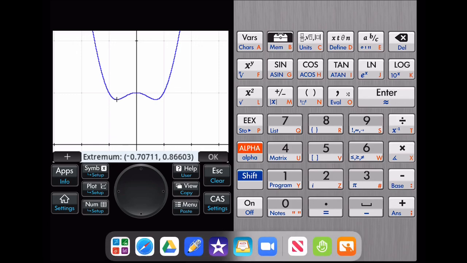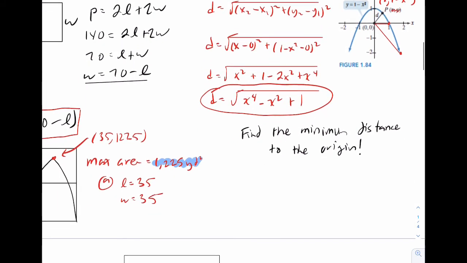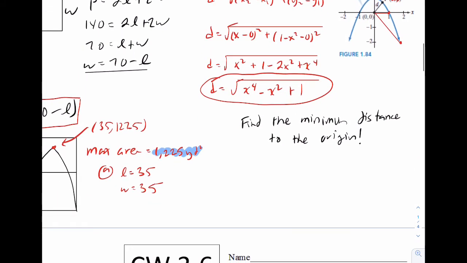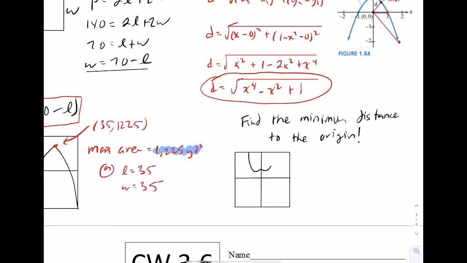So I'm going to go back to my drawing here. I'll sketch what we saw. Something like this. And the minimum points, I'll put an arrow here, were plus or minus 0.707, 0.866.